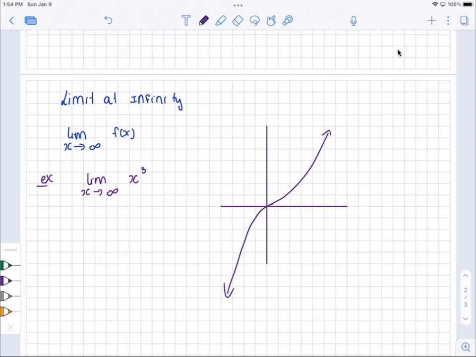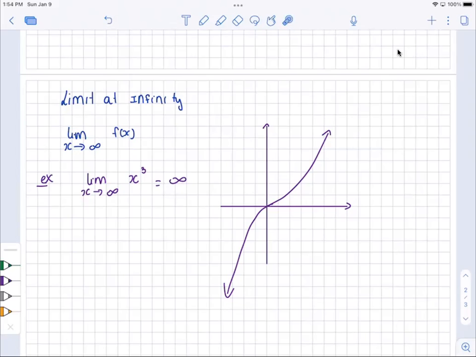So this problem is asking what happens to your function if x approaches infinity, meaning x getting bigger and bigger. As x gets larger and larger, f of x, x to the third, is going to get larger and larger, much faster than x itself. So in this case, you can say that it's going to approach infinity.